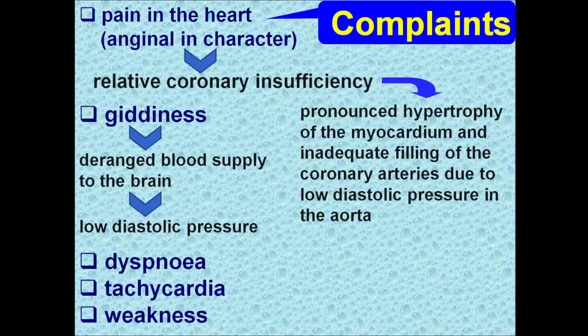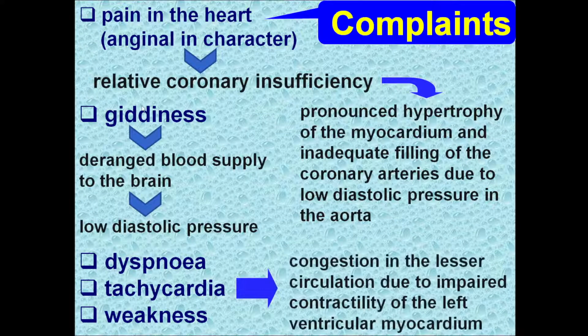And a group of problems which indicate decompensation of the left ventricle and, as a result, congestion of blood in the lesser circulation: dyspnea, palpitation, weakness, then maybe cough and hemoptysis.